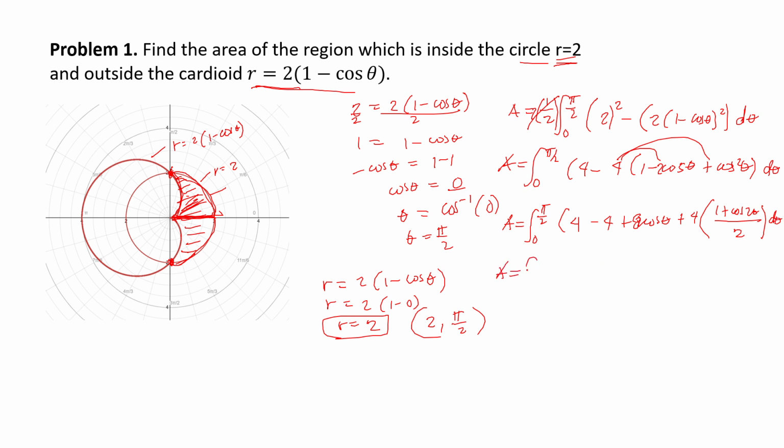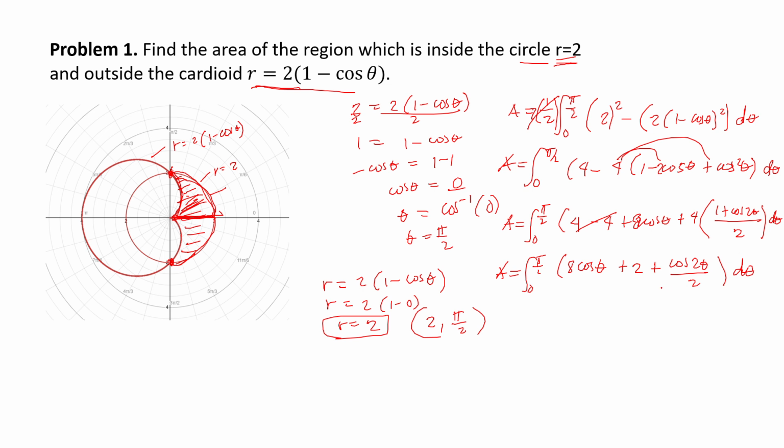So the area is 0 to pi over 2. This would become 8 minus 8 cosine theta plus 2 plus 2 cosine 2 theta d theta.